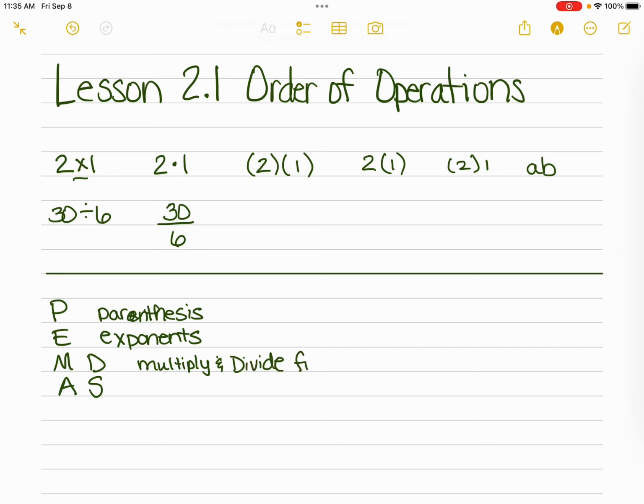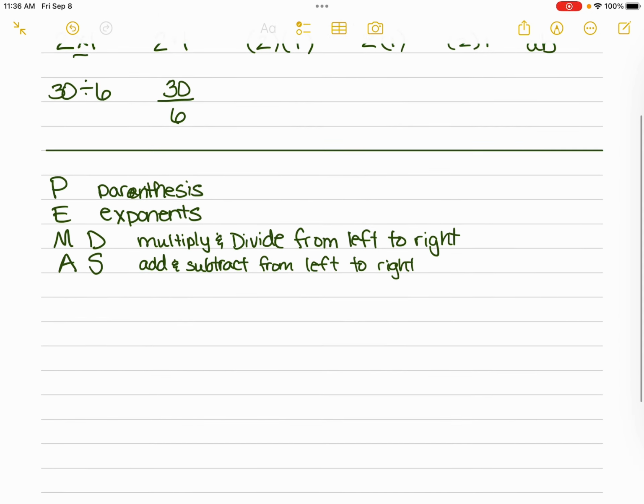So that from left to right is important, and we're going to talk about that in a minute. Okay, and then add and subtract is the same way. You do add and subtract, either one, it's not add goes first and then subtract. It's add and subtract from left to right. Okay, and so let's talk first about that left to right part before we go on to the next part.